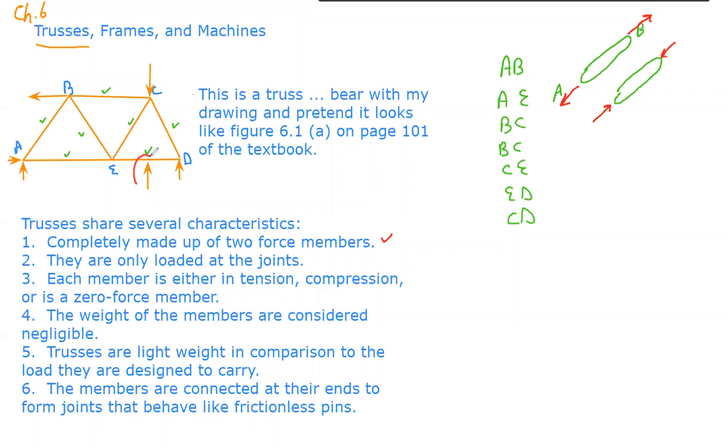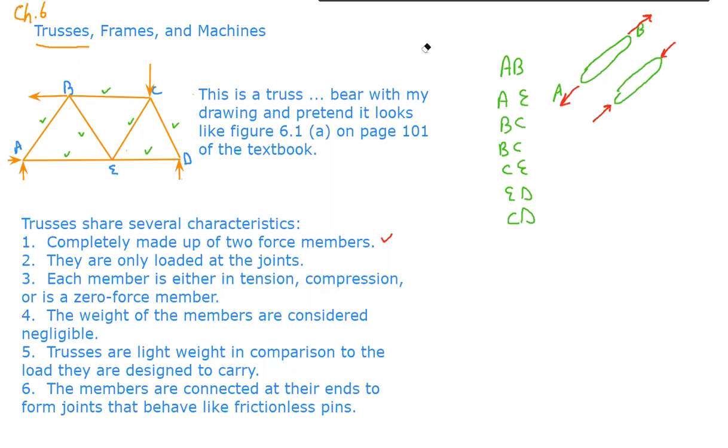This force that I just circled that is not applied to the joint, we won't see that. Trusses are only loaded at the joint. So I'm going to erase that so we don't get confused.